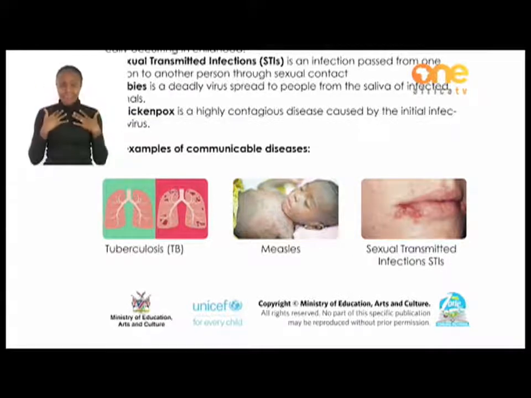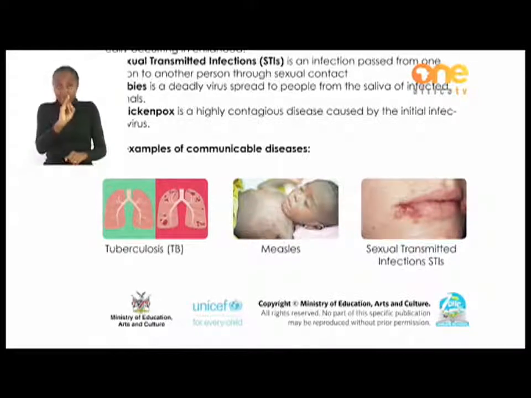Measles, you will have a dry cough, sore throat, fever, as well as a running nose. Sexually transmitted infections, which is STIs. You will not be able to give birth when you grow up, meaning you will be infertile.